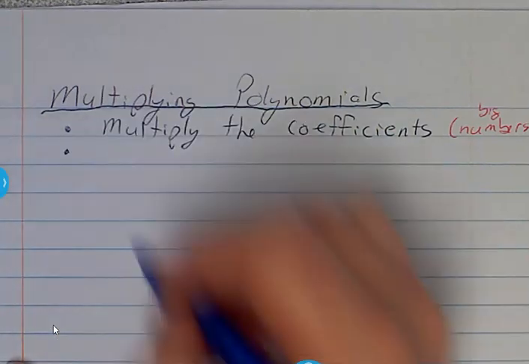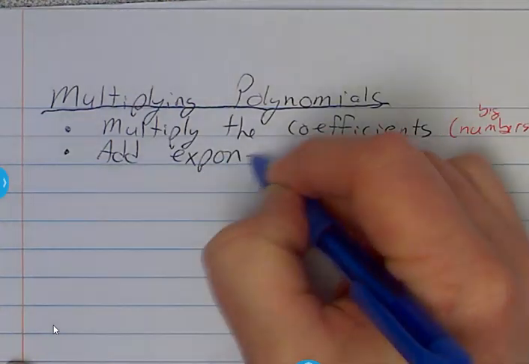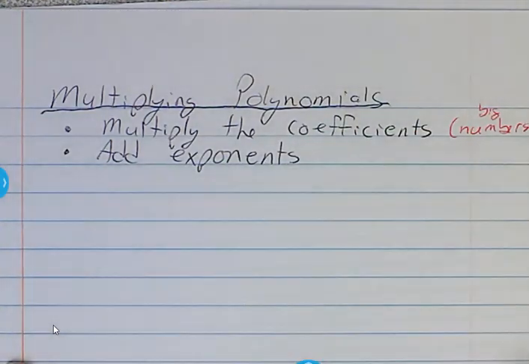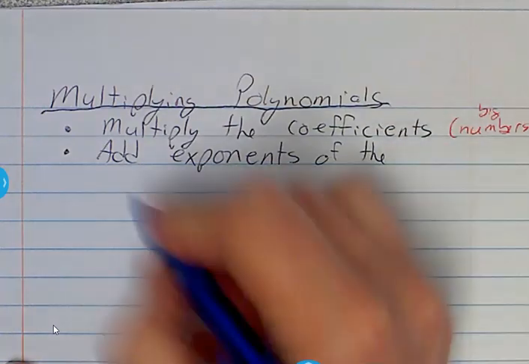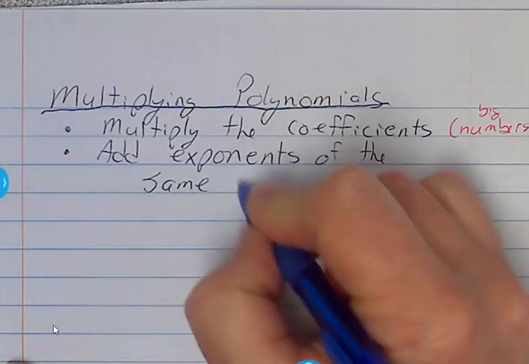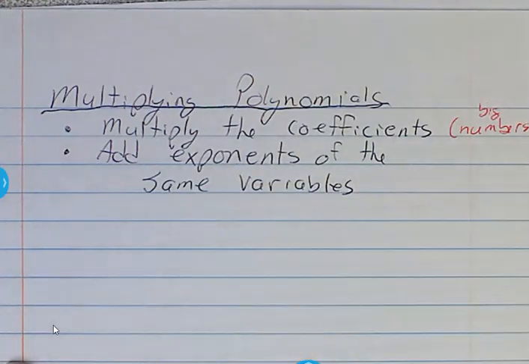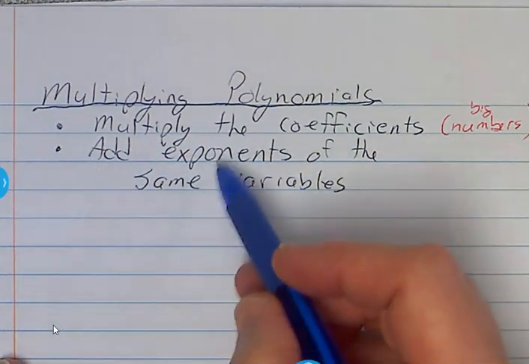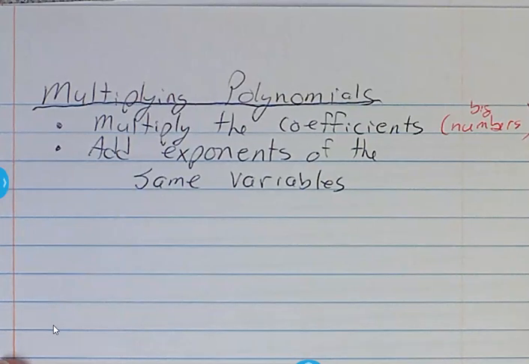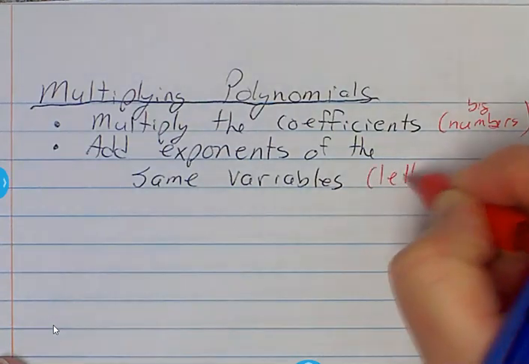And then you're going to add the exponents of the same variables. Okay, so you multiply the big numbers and you add the exponents, which is your little numbers. Again, variable is just your letters.